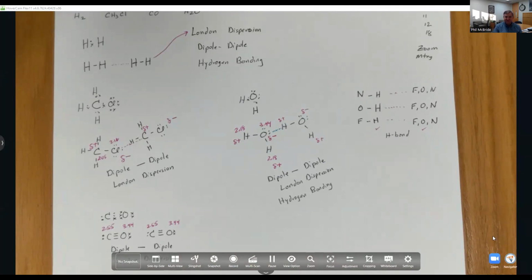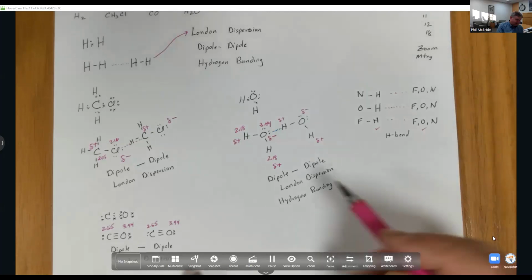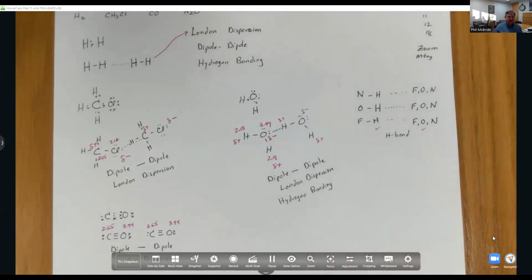Isabel? The water molecule. Right, the water molecule has all three.